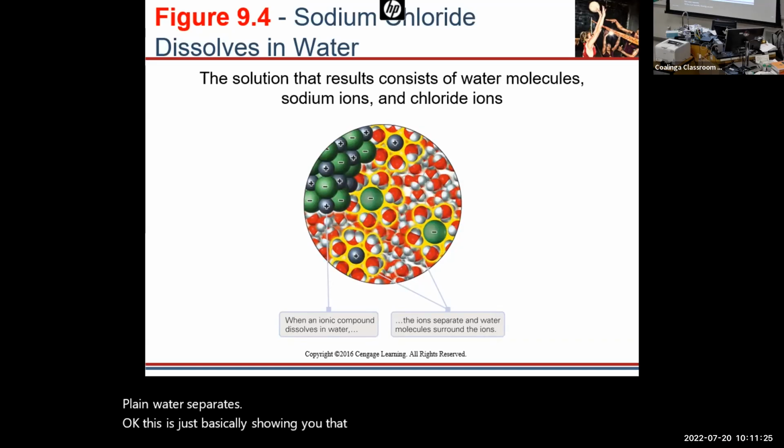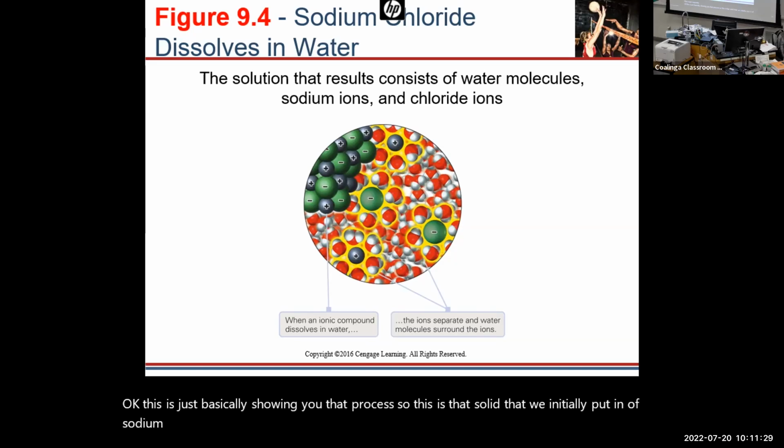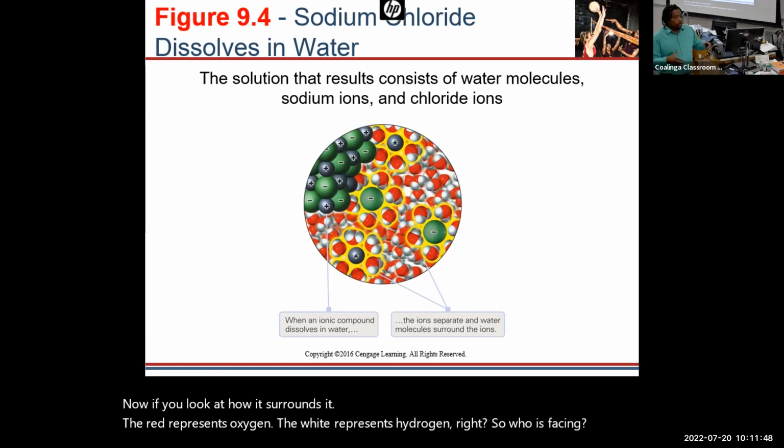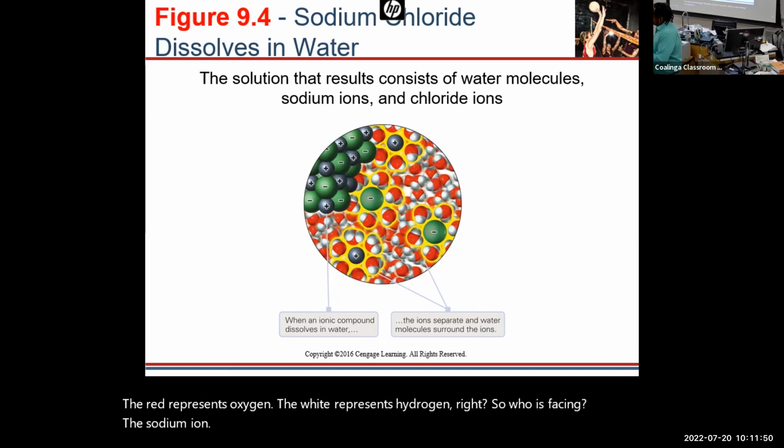This is showing you that process. This is the solid we initially put in, sodium chloride. This is the chloride ion, and you see how water surrounds it. And this is the sodium ion. If you look at how the water surrounds it, the red represents oxygen and the white represents hydrogen. So who is facing the sodium ion, oxygen or hydrogen?